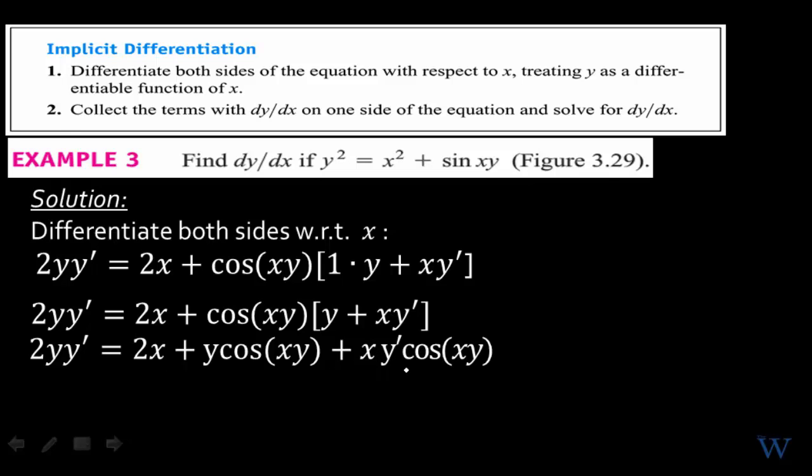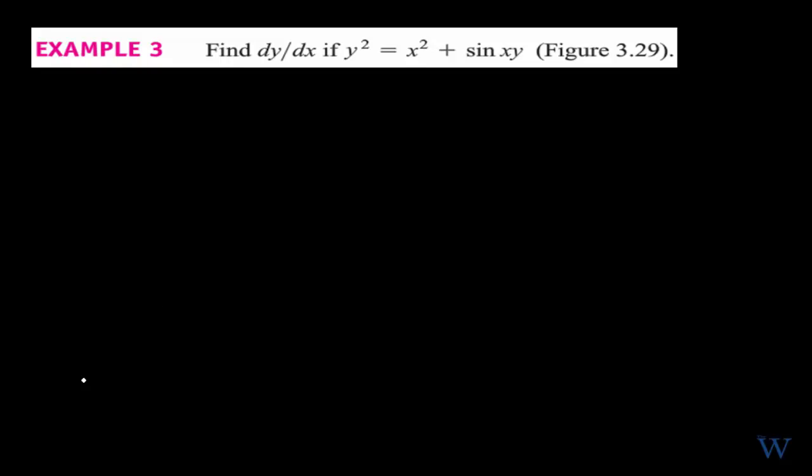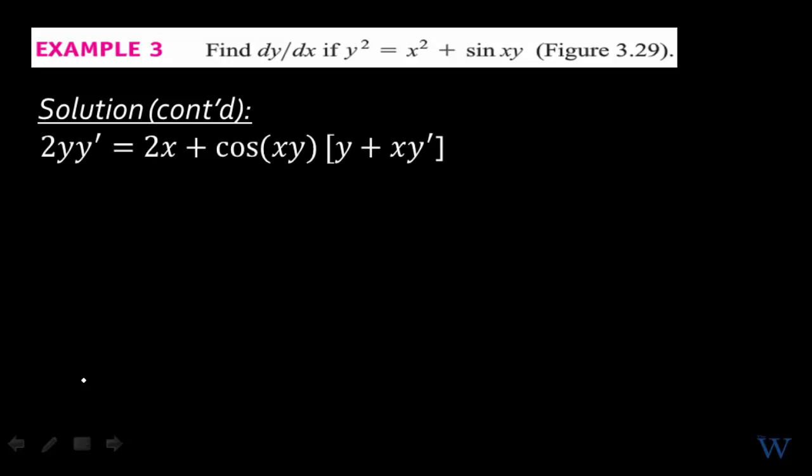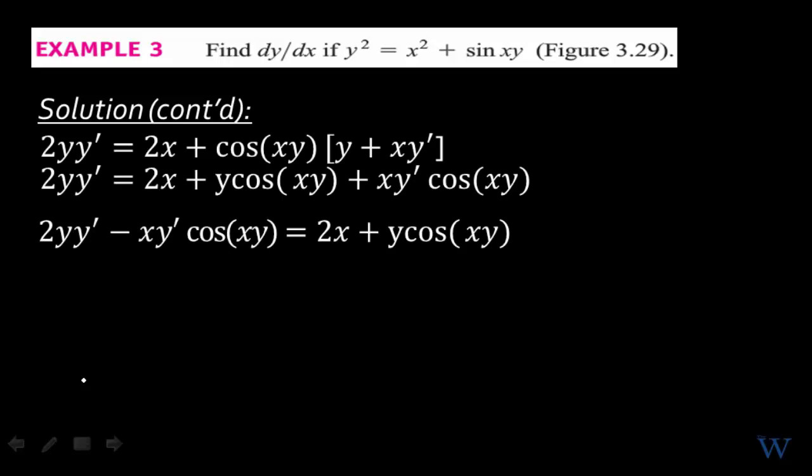And then what's the next step? You collect all the dy by dx, or the y prime expressions. And so that means I need to put this on the left side. And what do we get? So let's see. Remember, this is just a continuation. So far, that's what we did in the previous slide.